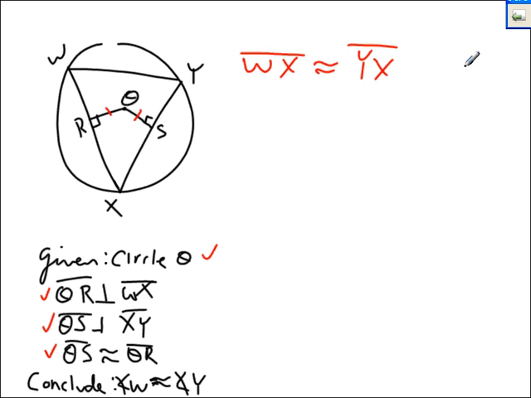Why is that? For a moment, just ignore WY. What we have is two chords. I don't care that they meet at X down here. If you have two chords and you go from the center to the first chord, and from the center to the second chord, and those distances are the same, the two chords are equal, whether WY is drawn or not.